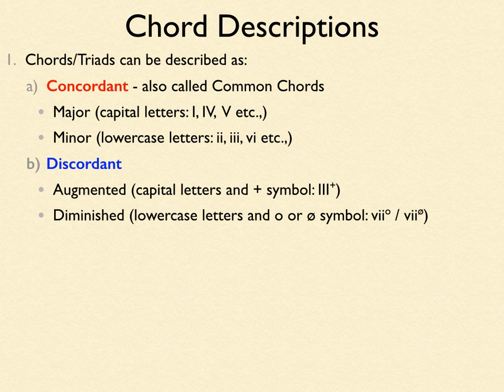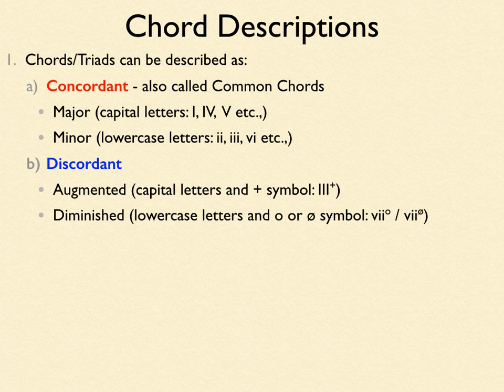Because augmented chords and major chords, as you've already seen from your previous lessons, both have a major third, but major chords have a perfect fifth, whereas augmented chords have an augmented fifth. So in order to distinguish between augmented and major chords, you need that plus symbol next to your capital Roman numerals, so you don't confuse them with major chords, which also have capital Roman numerals.